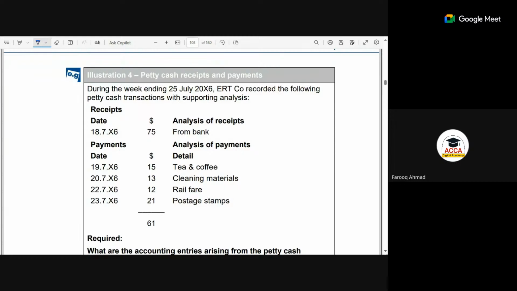For the week ending so and so, record the following transactions with the supporting analysis. From the bank account they receive 75 and pay out petty payments. What are the payments?